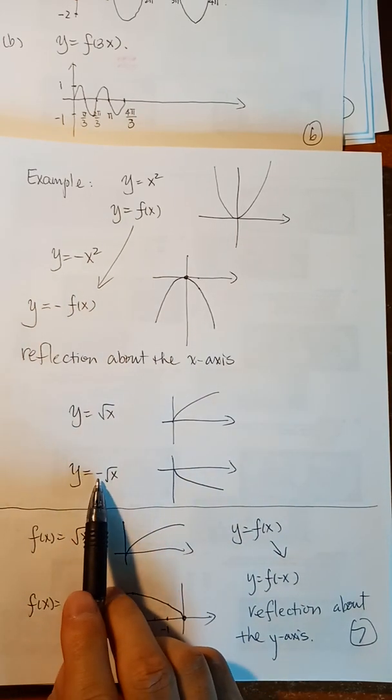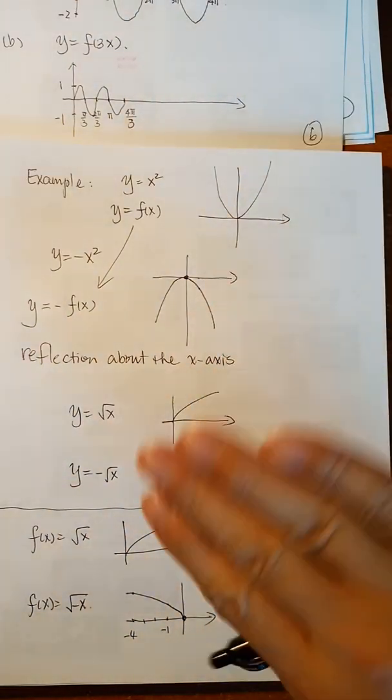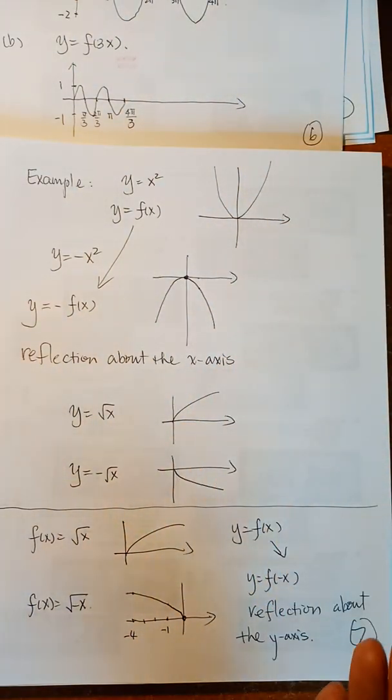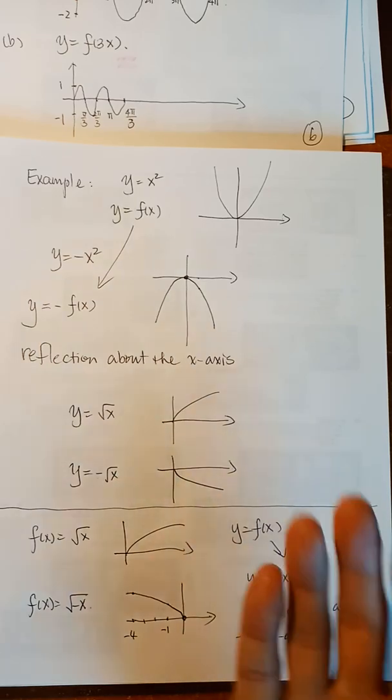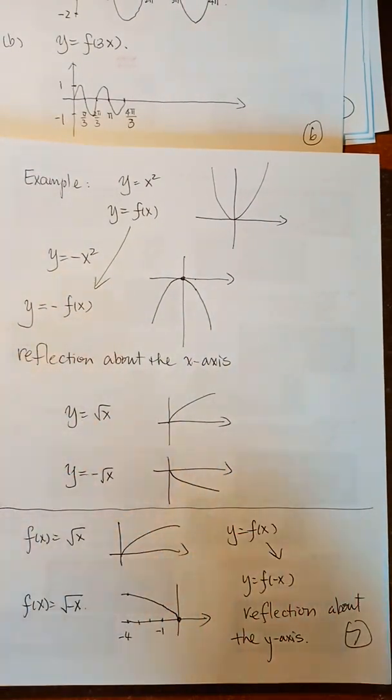So you directly put a negative sign outside, you get a reflection about the x-axis. You flip it down. And if you put a negative sign in front of x, you flip it horizontally about the y-axis.